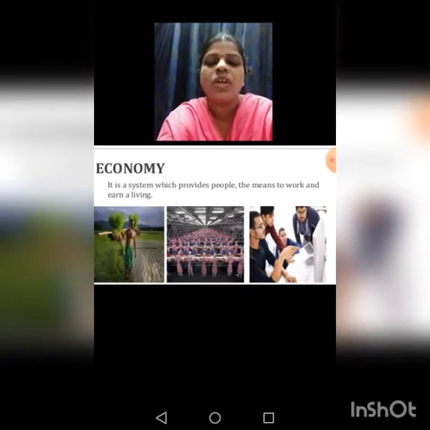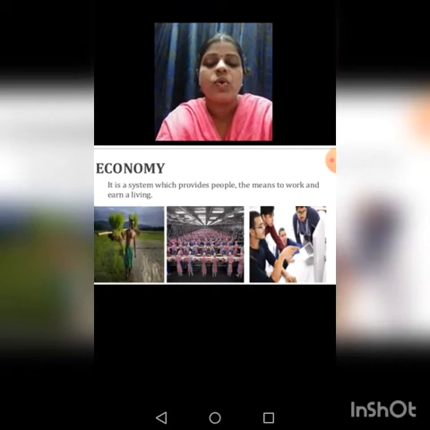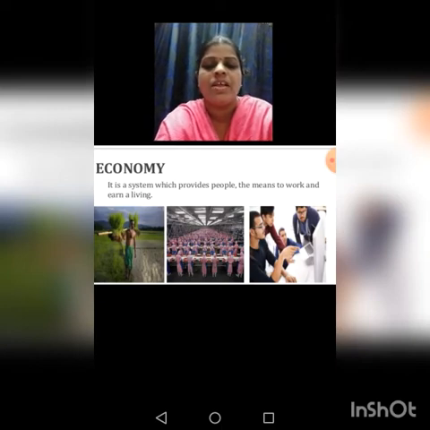So here we can see the people, those who are engaged in the agriculture. The first slide shows the agriculture, isn't it? So here all the people are working to earn a living, and the various occupations are also given here. So economy means it is actually a system.